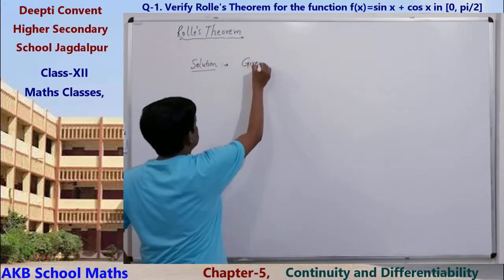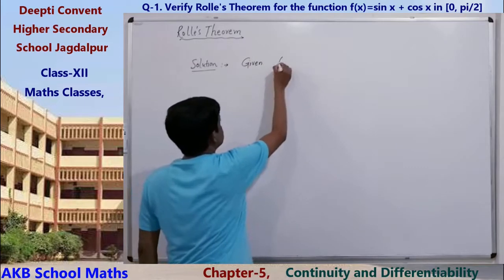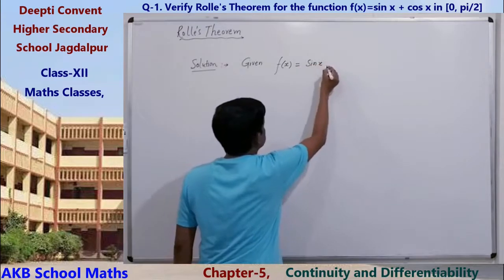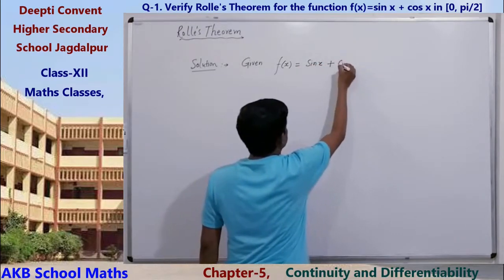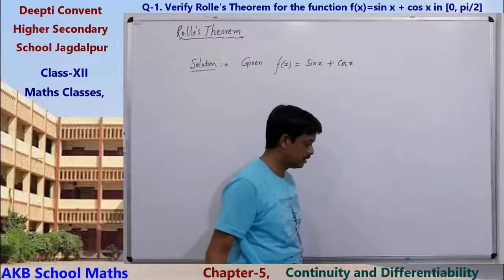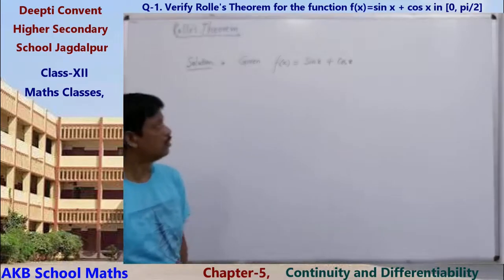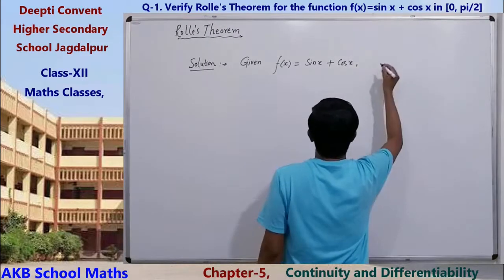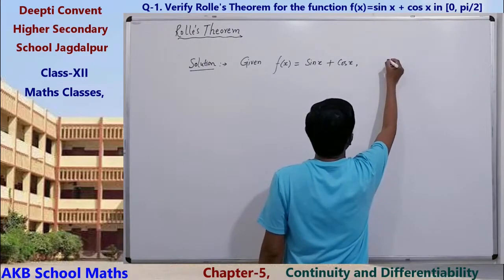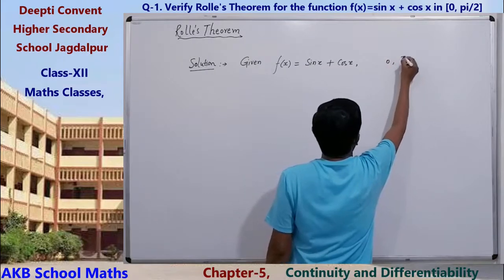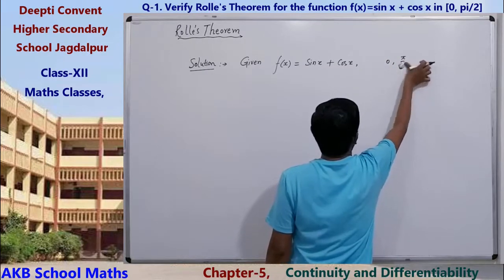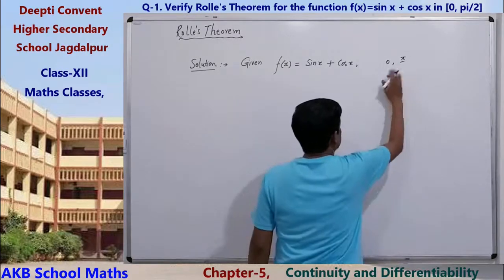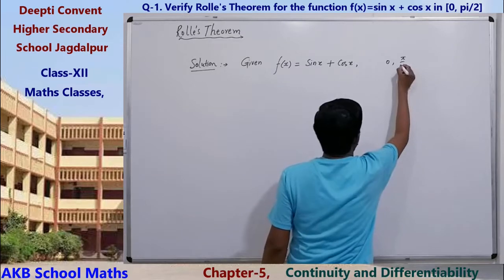Given f(x) equals sin x plus cos x. The interval is 0 to pi by 2.